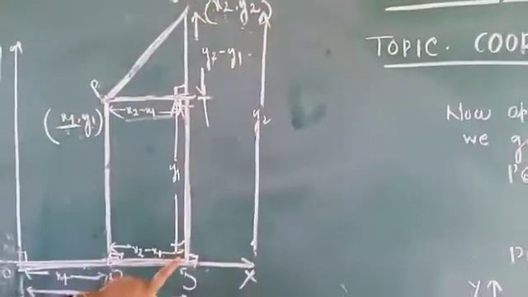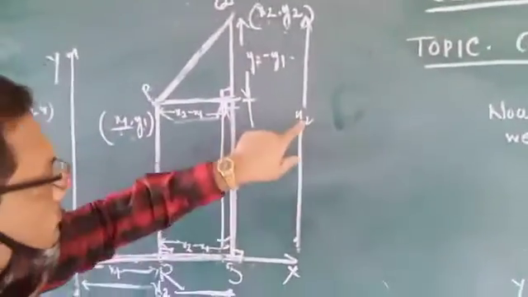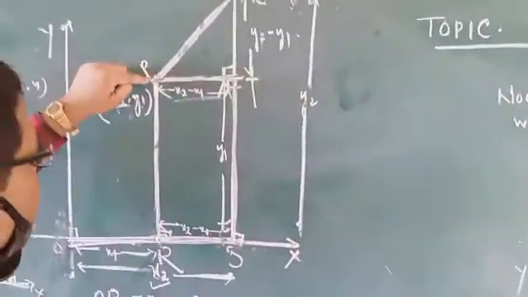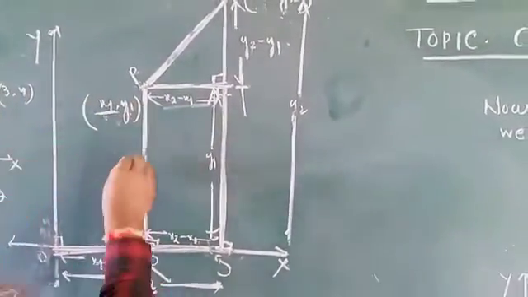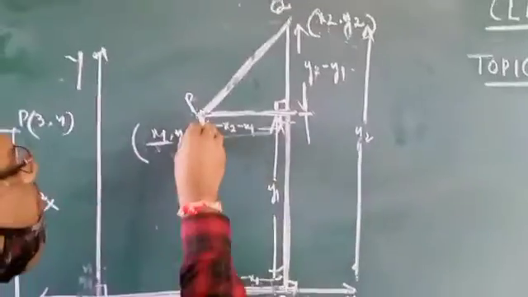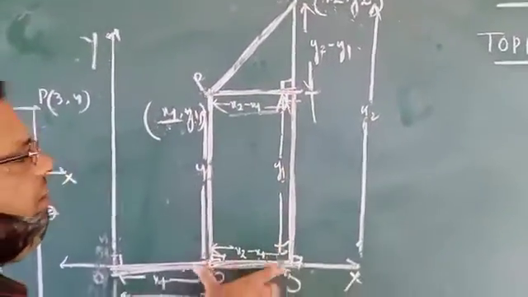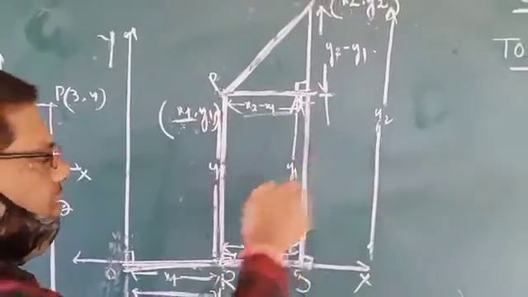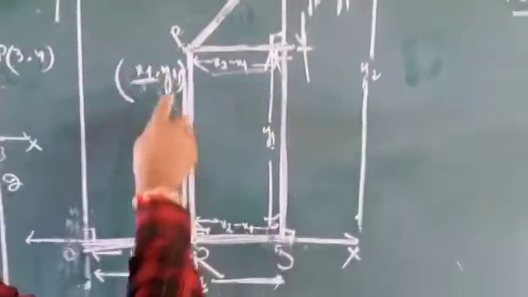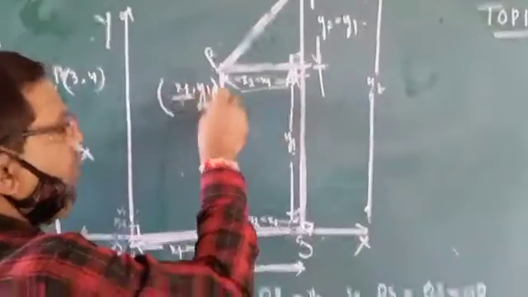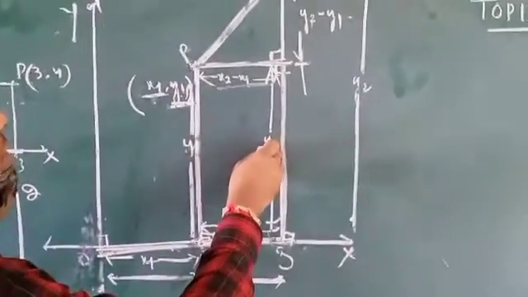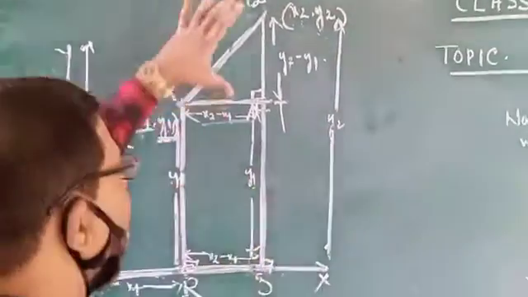In the rectangle, opposite sides are equal, so this one will be equal to this one. PR is equal to y1, because x1 and y1 are given. So therefore, what will be your q?